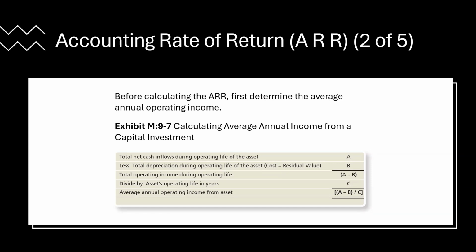The average annual operating income of an asset is the asset's total operating income over its operating life divided by its lifespan, or the number of years. Operating income is based on accrual accounting. Therefore, any non-cash expenses, such as depreciation expense, must be subtracted from the asset's net cash inflows to arrive at its operating income.